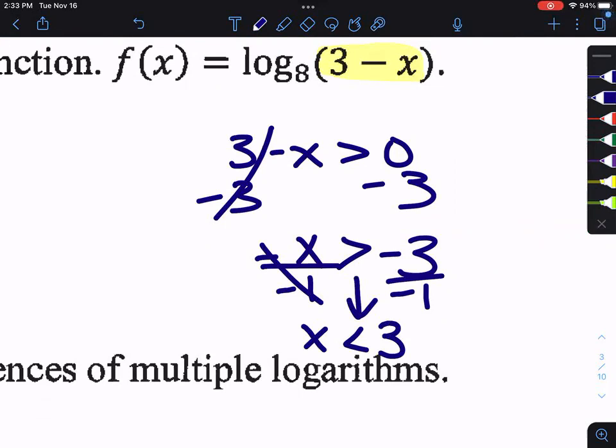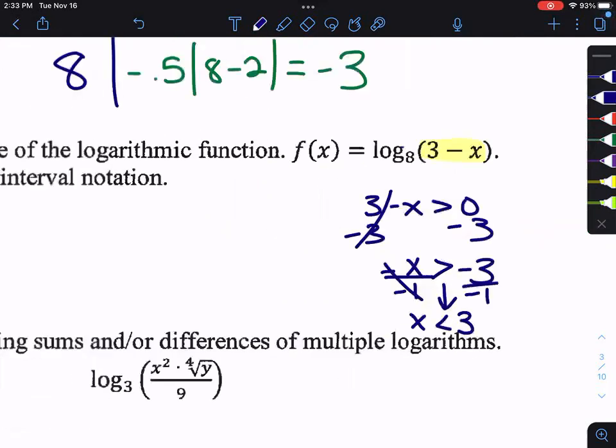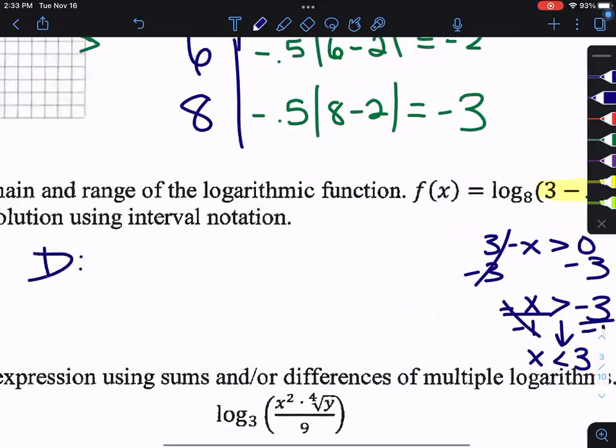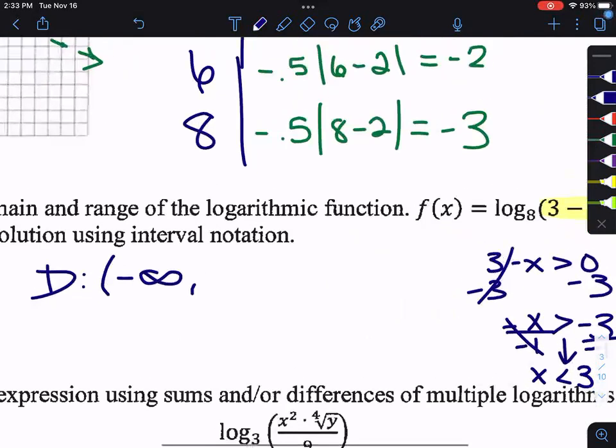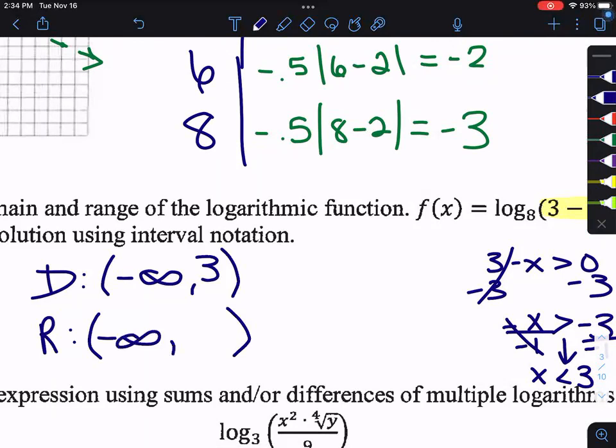So when I write my domain, I need any x value that's smaller than 3. So negative infinity to positive 3. Our range is always the same thing. It's all real numbers, which in interval notation is negative infinity to positive infinity.